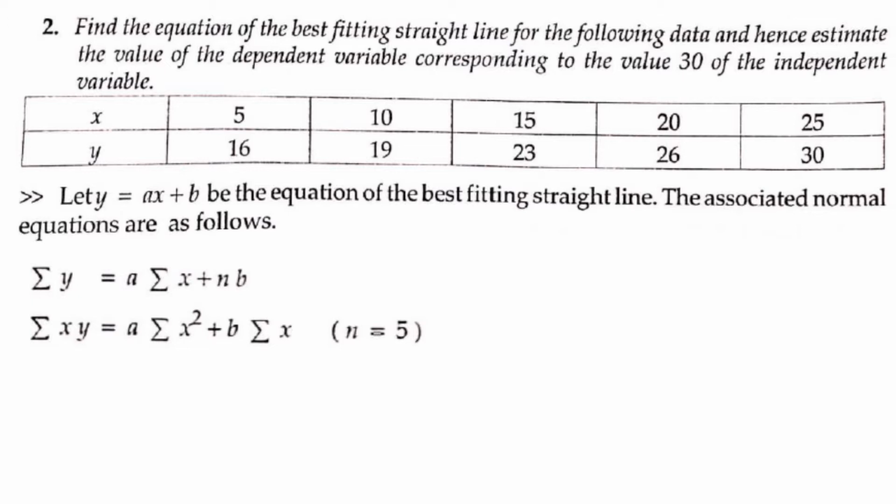For this linear equation, we have taken the two normal equations which we know already how to write. Here n is 5 because the number of observations is 5 in the given data.